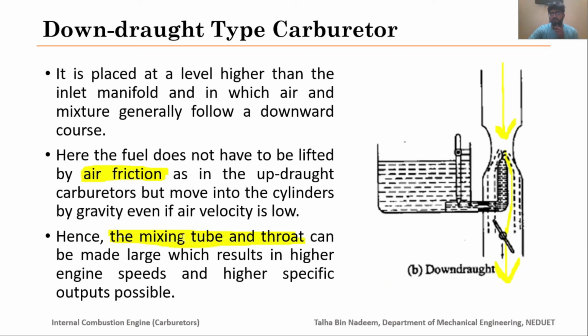As I was mentioning earlier, updraft carburetors are restricted to low speed and low power engines, whereas downdraft carburetors can be used for high speed and high power engines. If you have a large engine, there is a higher probability that it has a downdraft carburetor instead of an updraft carburetor.